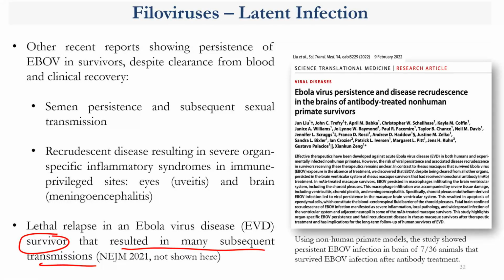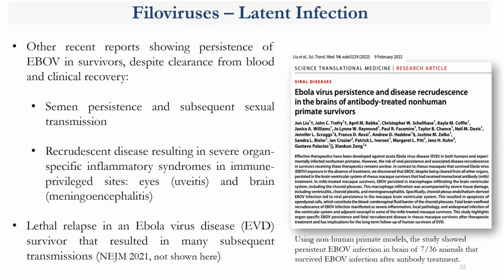This can happen, and you can study it using non-human primate models. What they showed was that Ebola virus infection was persistent in about 7 out of 36 animals that survived the infection, even after antibody treatment.